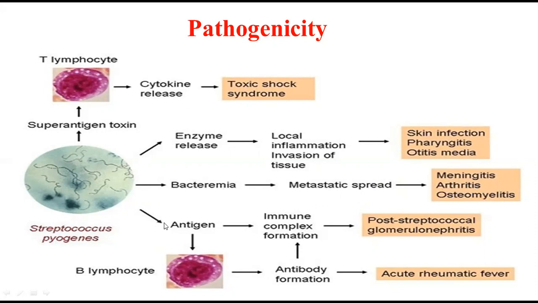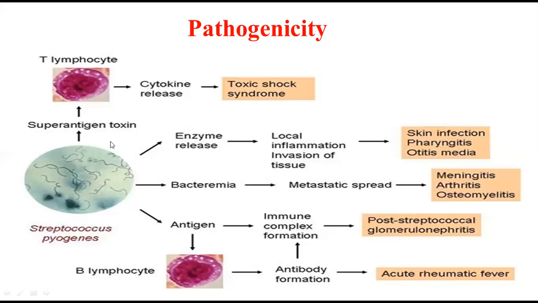Looking at the fourth one, the antigen is presented, and if it is correctly presented to the B lymphocyte and the T lymphocyte, then antibody formation and immune complex formation occur, leading to post-streptococcal glomerulonephritis and acute rheumatic fever.